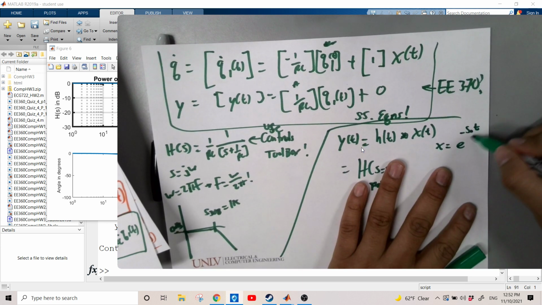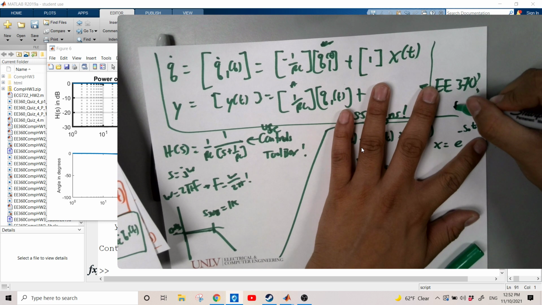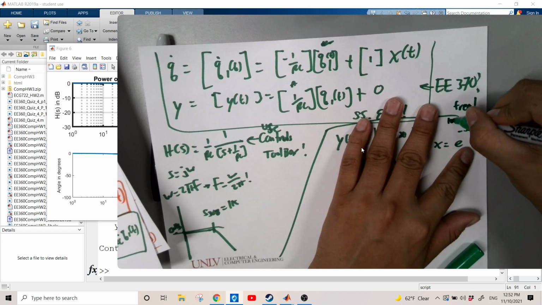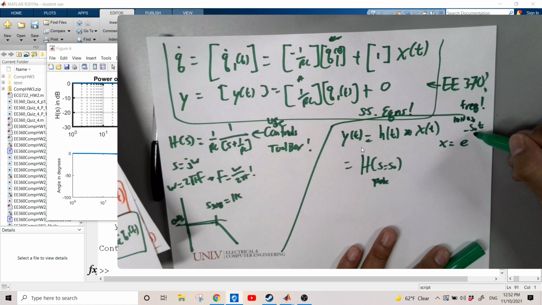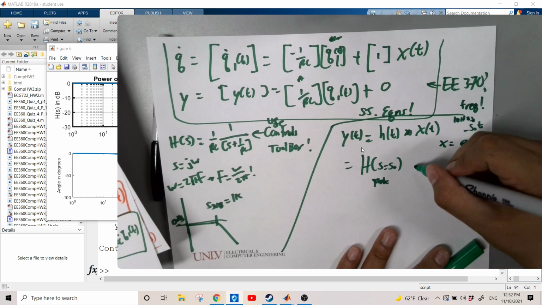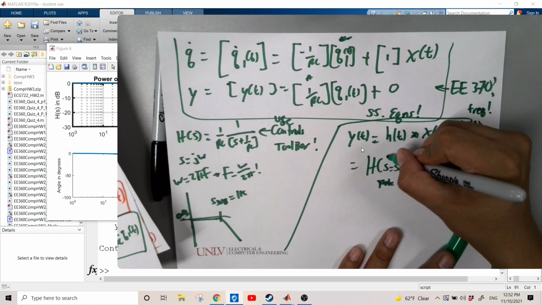Let's say this is like maybe some sinusoid, some frequency, like 1 hertz or 10 hertz or something like that. Think about it, right? So if we throw a 10 hertz signal into our system, then what do we get? Here's like 10 hertz, right?